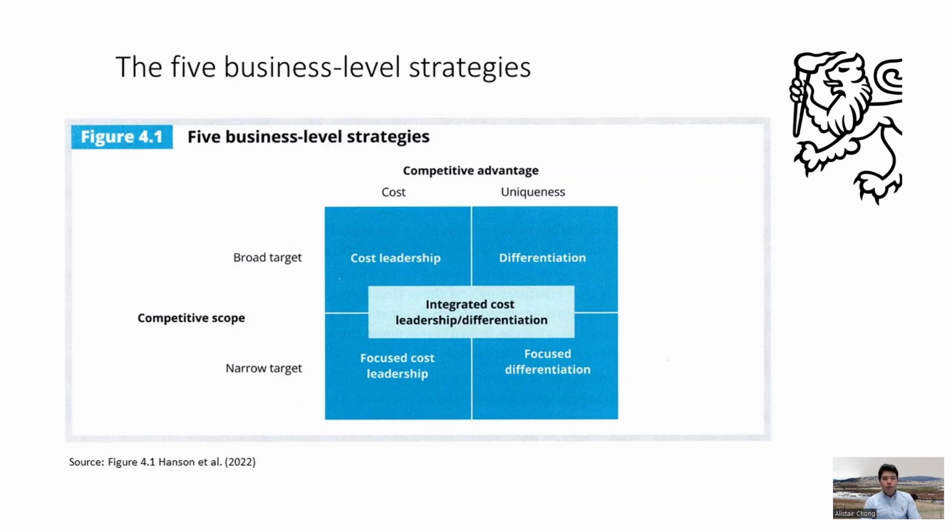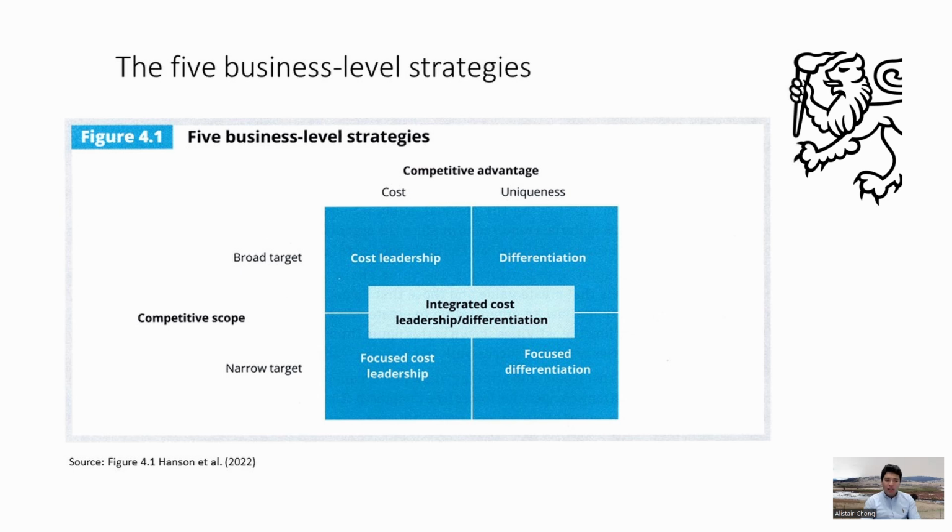So there are 5 different strategies, as I've spoken about. You have cost leadership, differentiation, focused cost leadership, and focused differentiation, with the middle one being an integrated cost leadership or differentiation amalgamation.